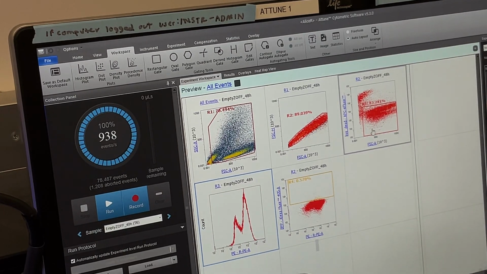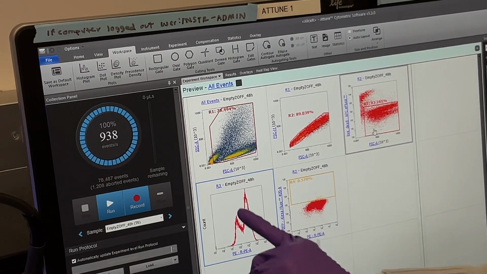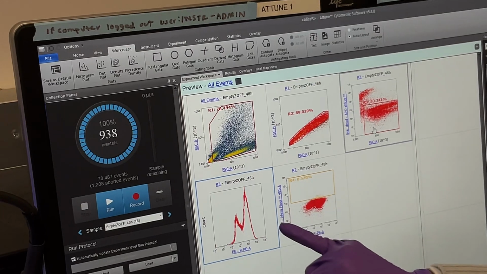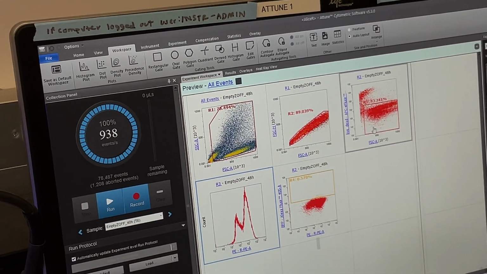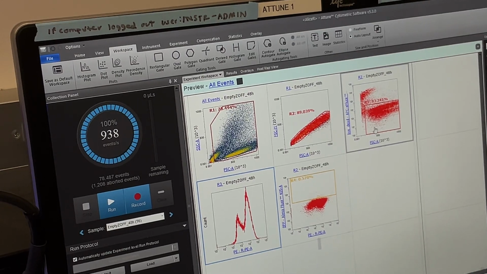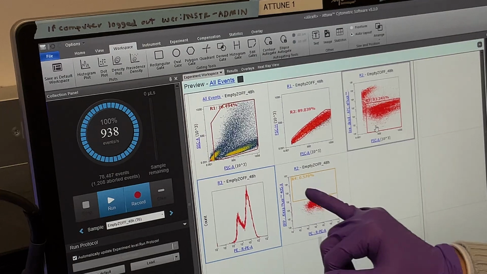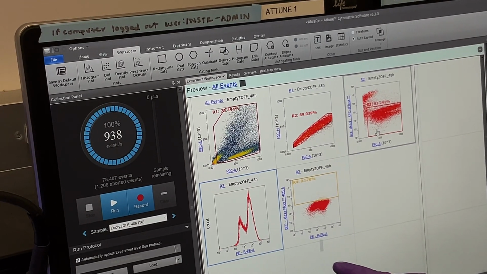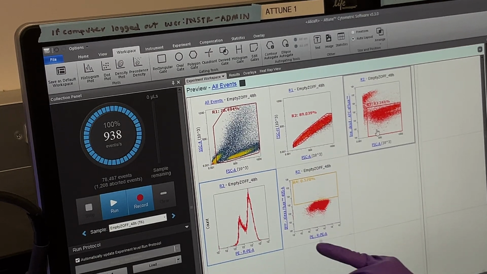Right now I haven't put a gate on the CD55 because I don't know what it looks like with my other sample. This one, the BFP, is the vector backbone that contains blue fluorescent protein. Although it doesn't always work very well, I still wanted to see if I see any positive staining out of it, and how it correlates with the CD55 staining.